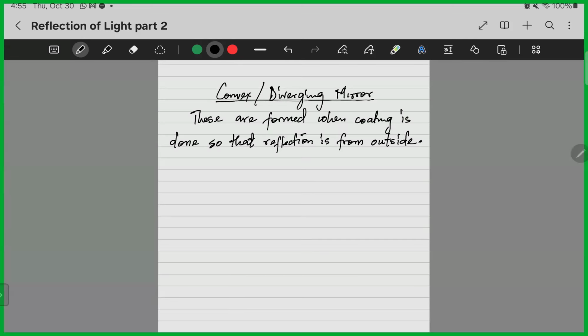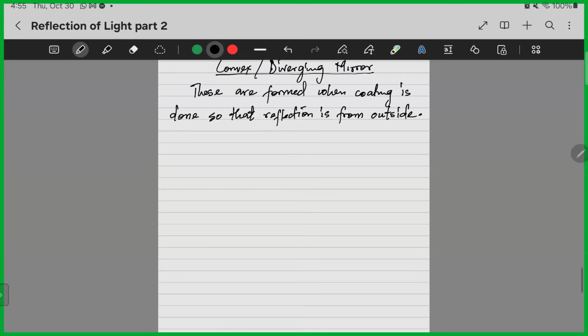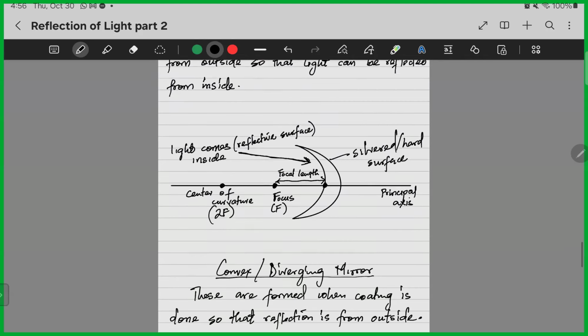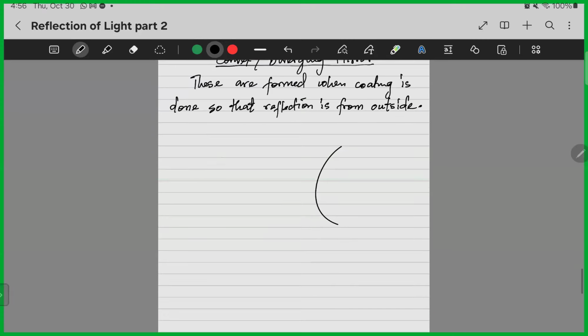So the idea here is I'm going to draw it like this. So this one was like this, but this is now going to be like this. So we have the principal axis running through.